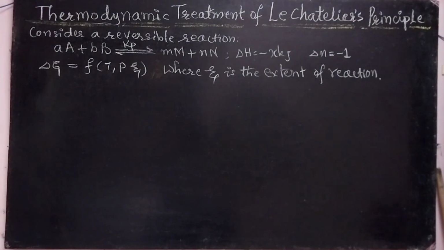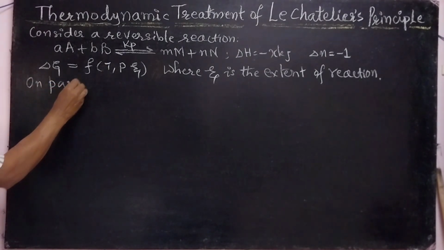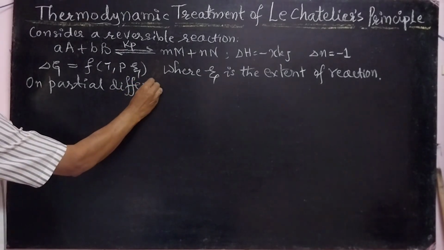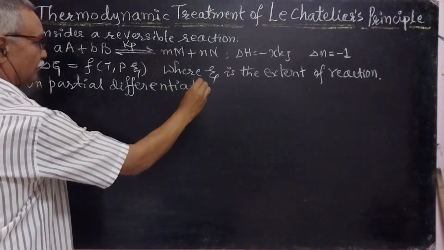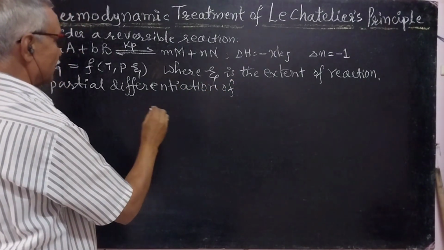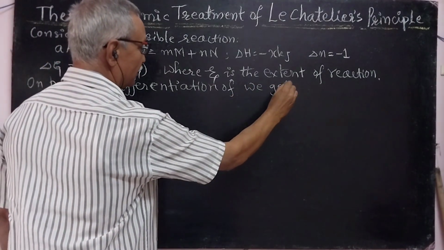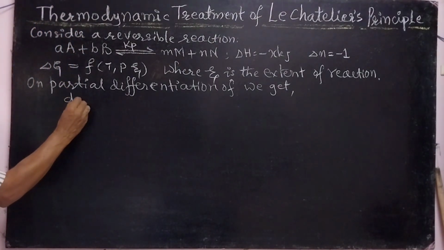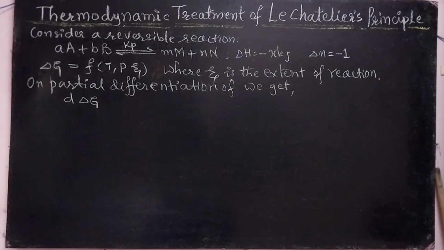Now, on partial differentiation of this equation, we get d delta G, as it is, because there is only one term.